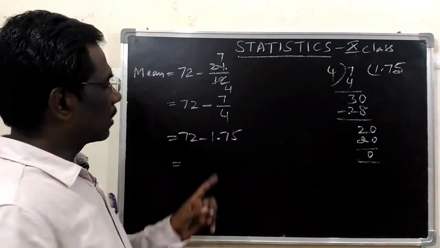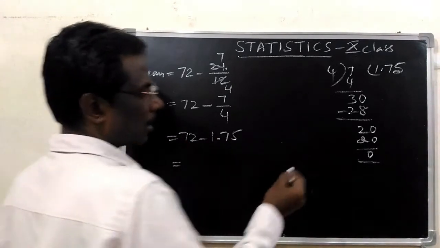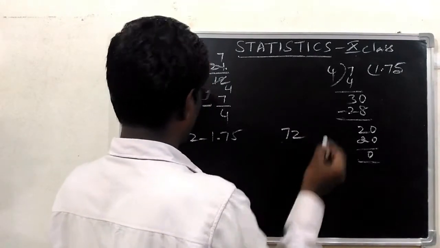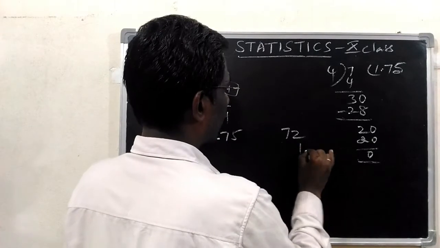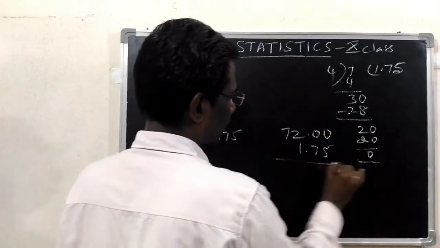Now we subtract this 1.75 from 72. See how I divide and how I subtract here. 72 minus 1.75. We can write 0 and 0.